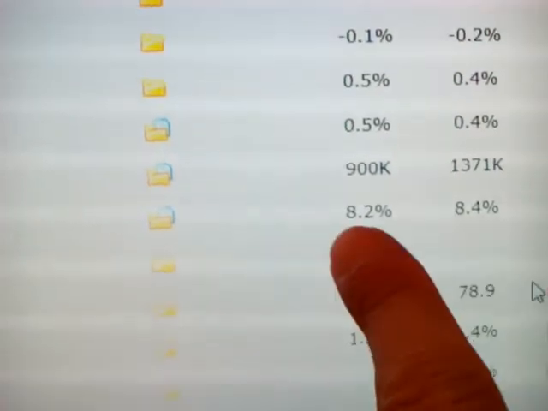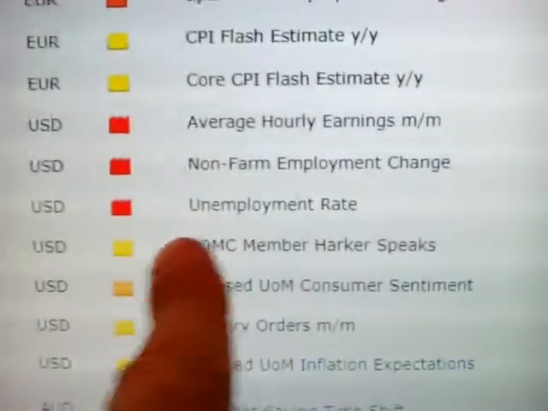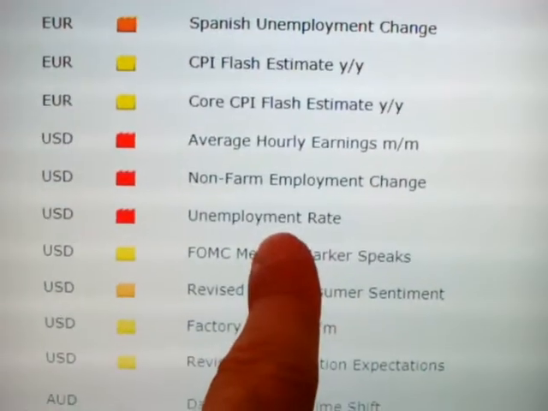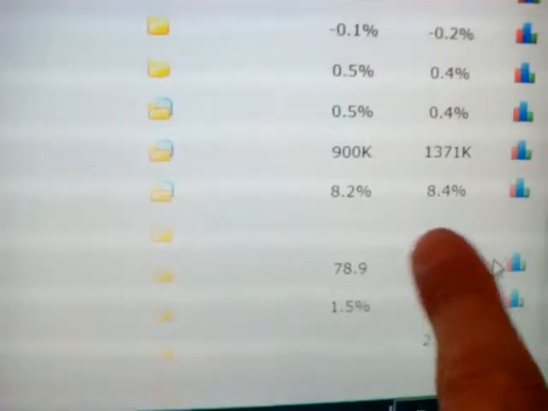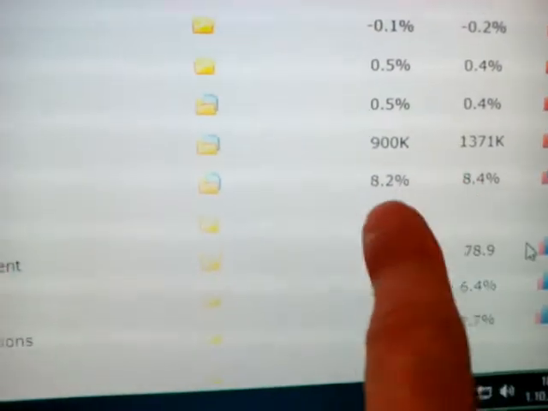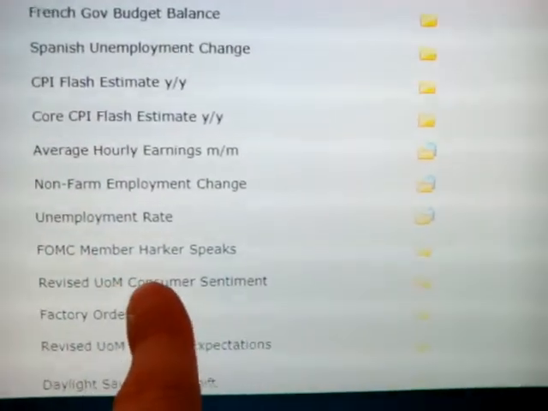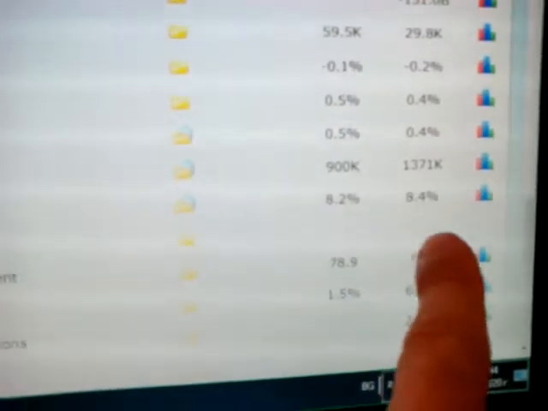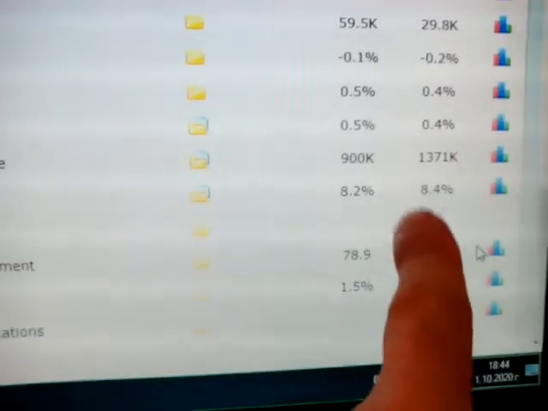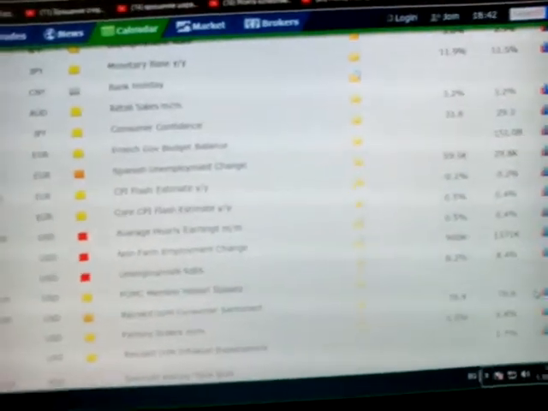Like this is the previous, this is the forecast. The unemployment rate in the US will go down according to the forecast, and when this forecast is much lower than the previous, then you might expect at least the same direction.